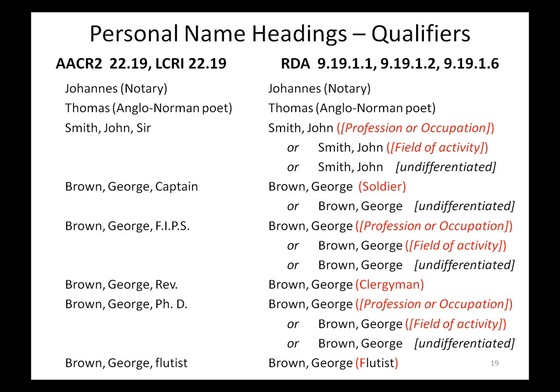So my examples here are not necessarily prescriptive, they're just showing what possibilities. Reverend George Brown presumably would be clergyman, but you could probably use priest or some other term to indicate that. And again, you can see the change to musicians where we would have a lowercase word, and now that would be enclosed in parentheses and capitalized.